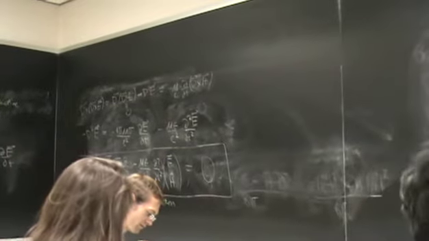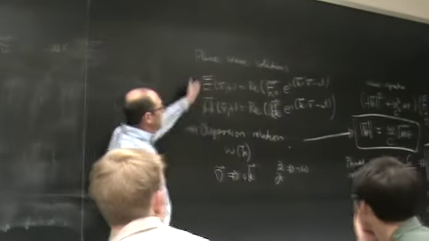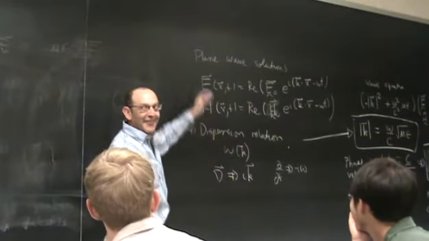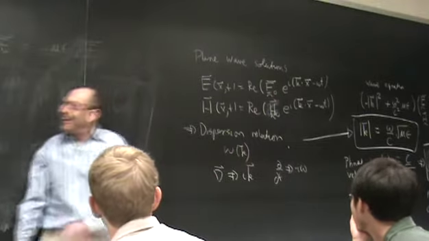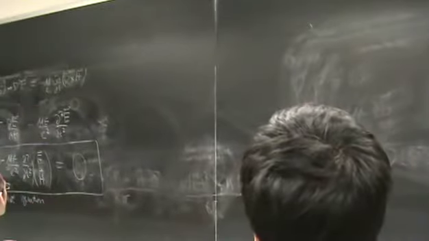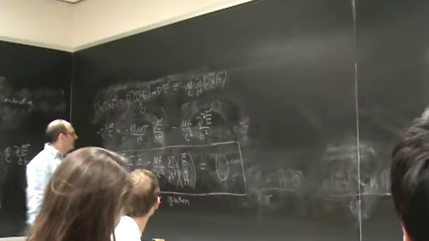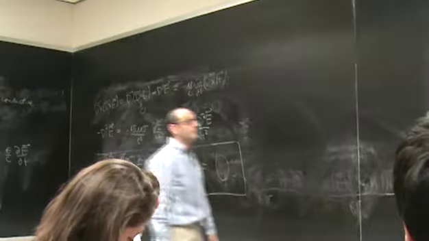So let's do it. Just like we have over here, we take these ansatz, and plug them in. So every del becomes an ik, every d by dt becomes a minus i omega.